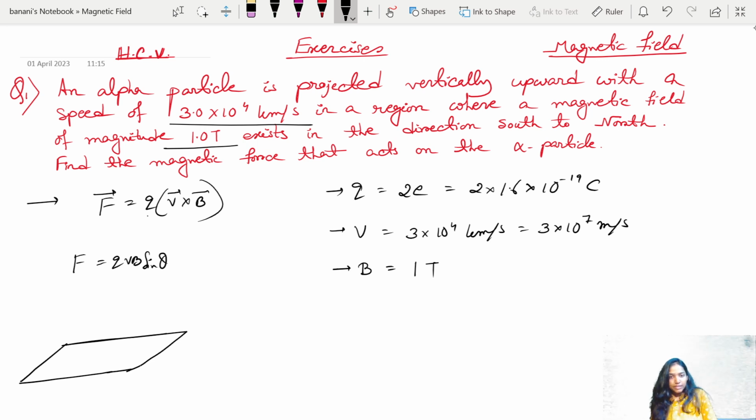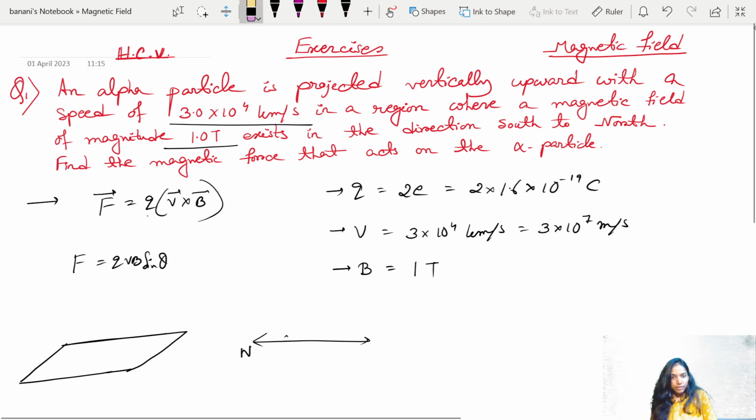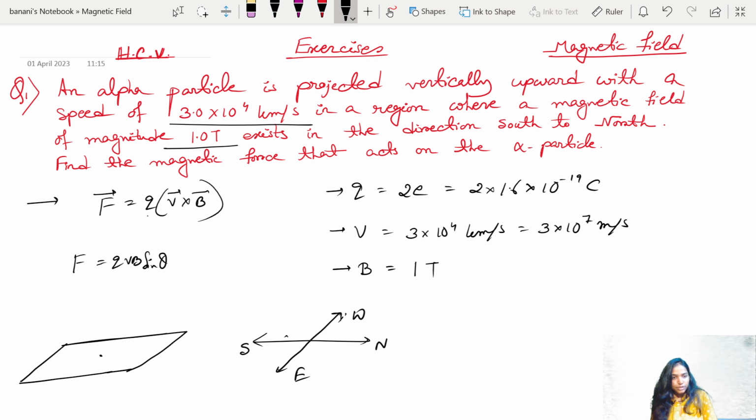If we consider this is south and this is north direction, and perpendicular to it, this one is west and east. That means in this plane the magnitude of the magnetic field is this and the direction is from south to north. So if we consider this along the x-axis, then B is acting in this direction.